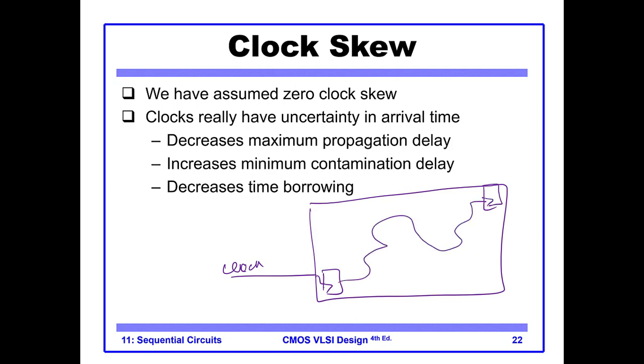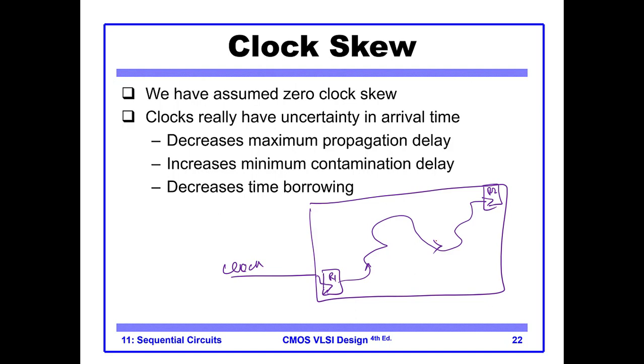Okay, so ideally, theoretically, register R1 and register R2 should get the clock at exactly the same time, but due to the physical distance, this wire is a very long wire, because you know that information travels inside a chip at the speed of light, but all this is happening in nanoseconds.